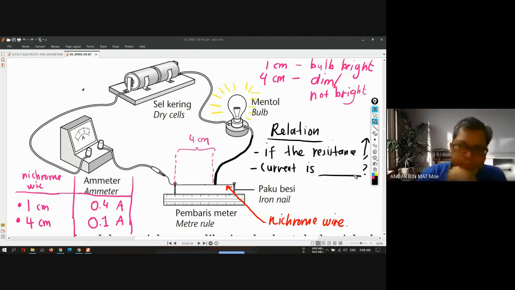Anybody? If the resistance is high, what happened to the current? Is it high also? If the resistance increases, does the current decrease or increase?